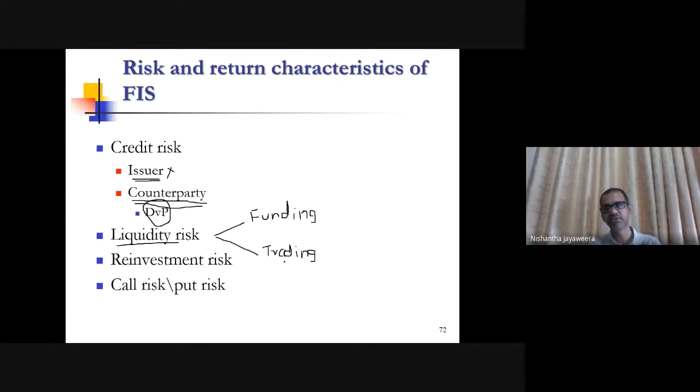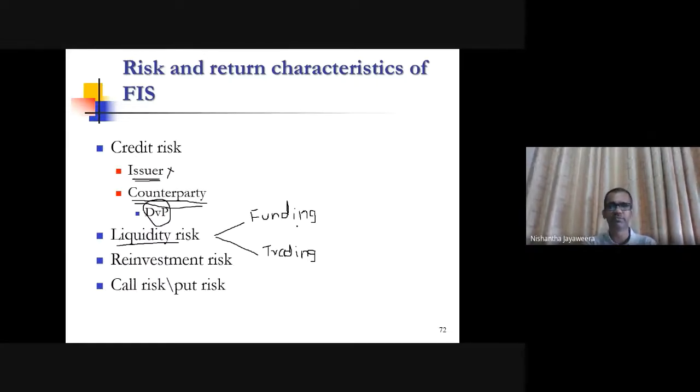Whatever the assets, you should be able to quickly convert them into cash. That ability is trading liquidity. So funding liquidity risk means you are not in a position to borrow from the market at any cost. In an emergency, you don't worry about the cost.